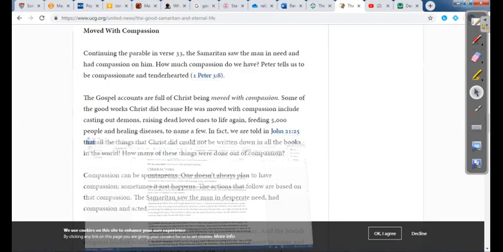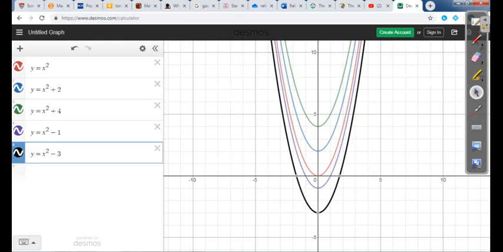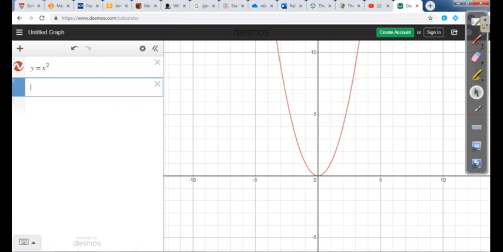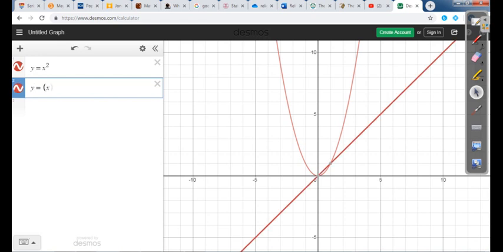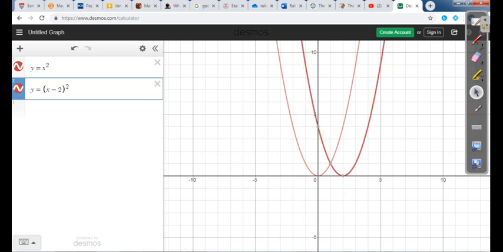Sorry guys, so I'm going to clear this. The first one is y equals bracket. Can you guys help me because I can't see x minus 2 and then squared. I can't change the color. Okay, let me just do this again.